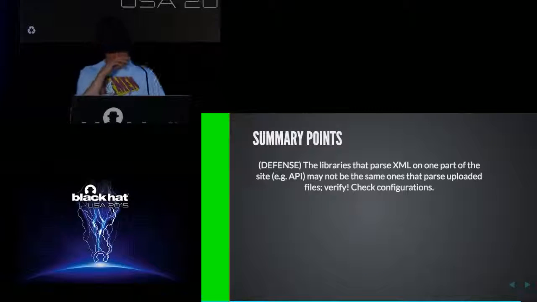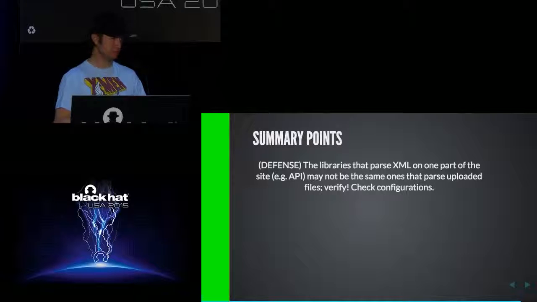Summary points. When I originally submitted the CFP, I had just found this string of findings in bounties, in products, and I was thinking, why are we seeing this on a Facebook or a Slack so late in the game? I think it's because the libraries are only now getting more research. The libraries that parse the XML on one part of the site may not be the same ones that parse the uploaded files.